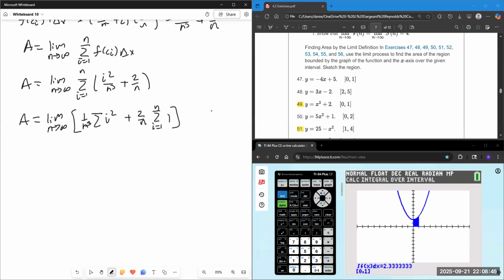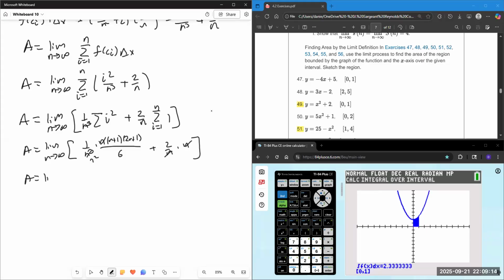That is, A is the limit as n goes to infinity of 1 over n cubed, and then the sum of i squared is n times n plus 1 times 2n plus 1 over 6, plus 2 over n times n. That goes away. This is an n squared.